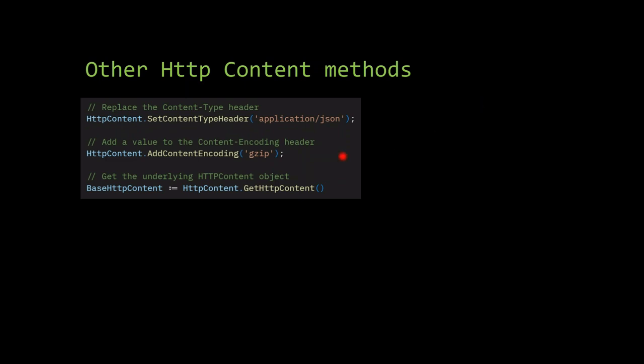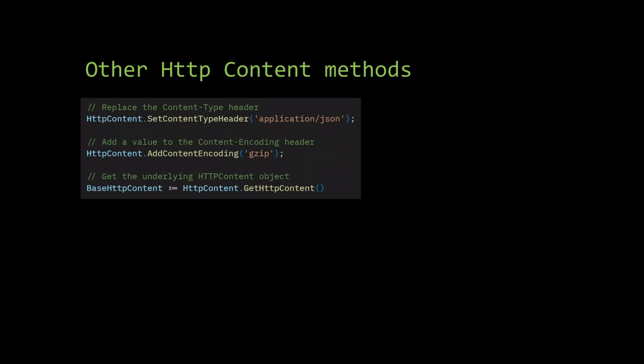Now, mind that this one is called set content type header, and this one is called add content encoding. The reason is that the content type header does not allow multiple values, while the content encoding does allow for multiple values. So when you call add content encoding, it's not replacing the header content encoding, it is adding a value to it, so it can be multiple values.